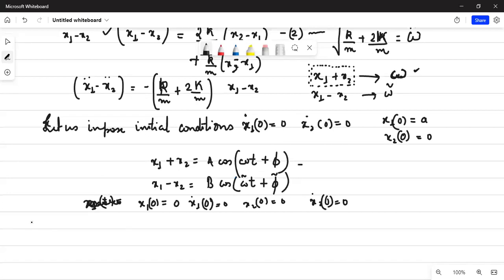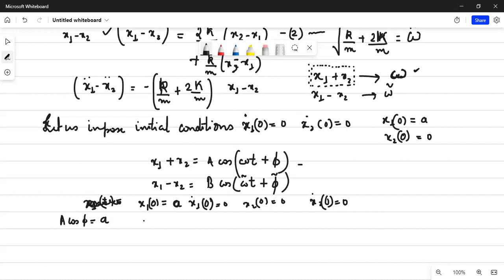So I'll write it here. At t equal to 0, x1 is a and x2 is 0, so I'll get A cos phi as simply small a, right?